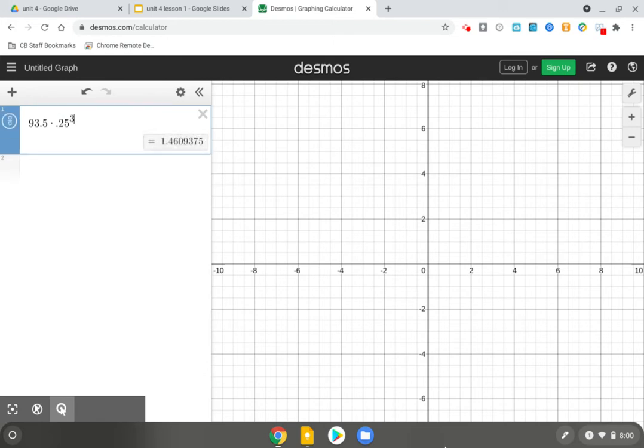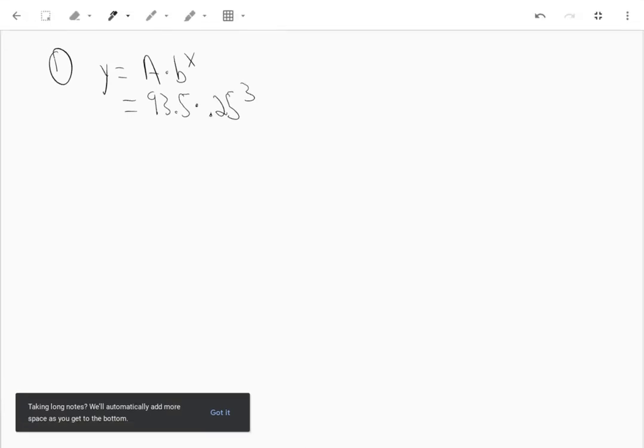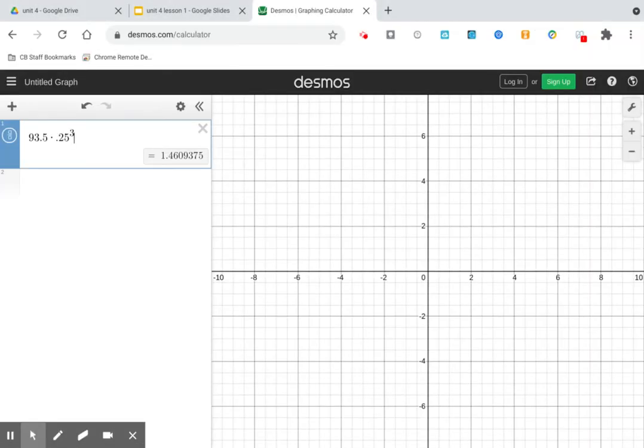And we get that value. So our area is going to be, we'll say, approximately 1.46. So our area after 3 rounds of folding is 1.46. So that is the answer to number 1.